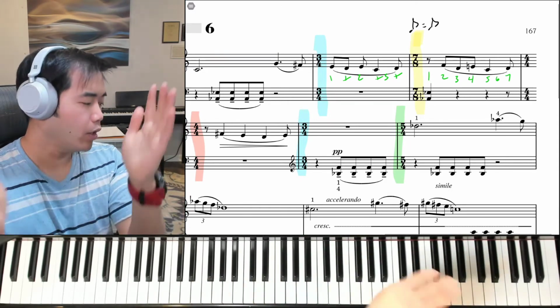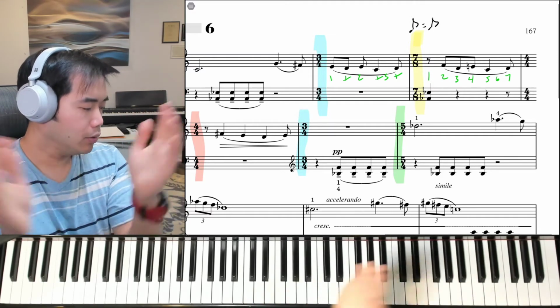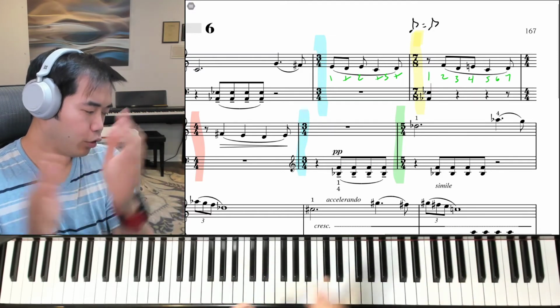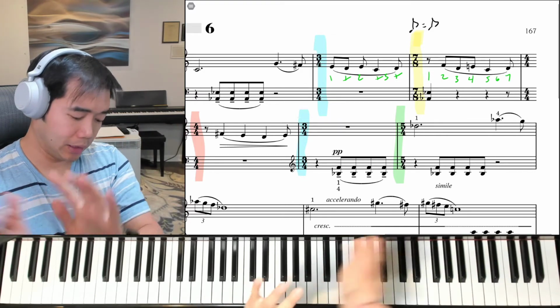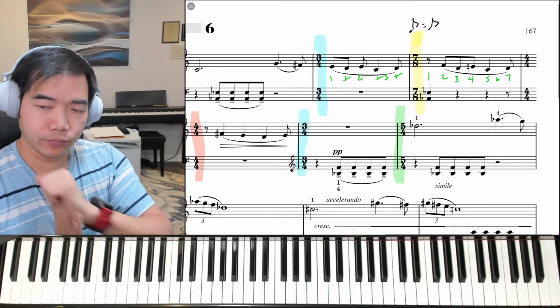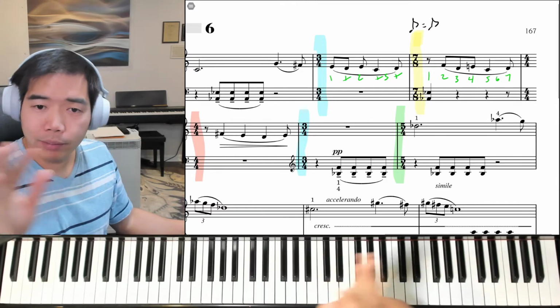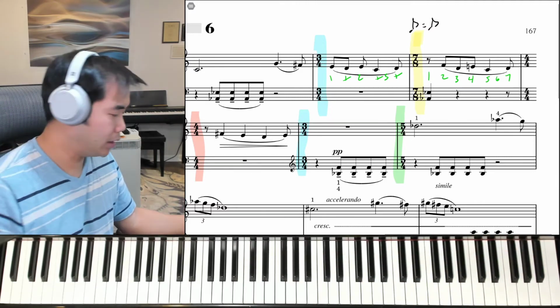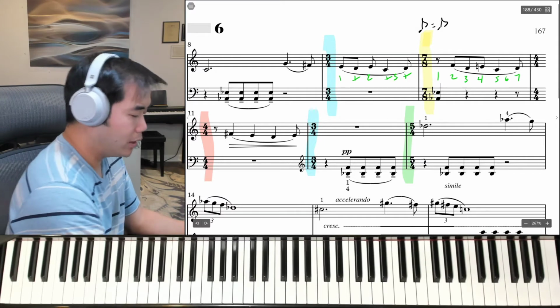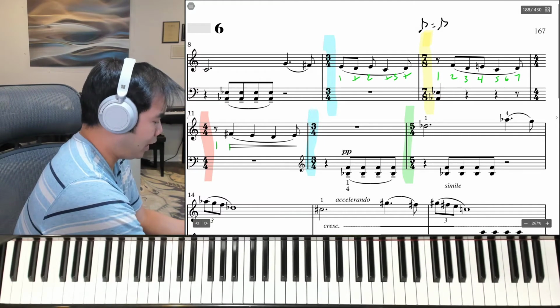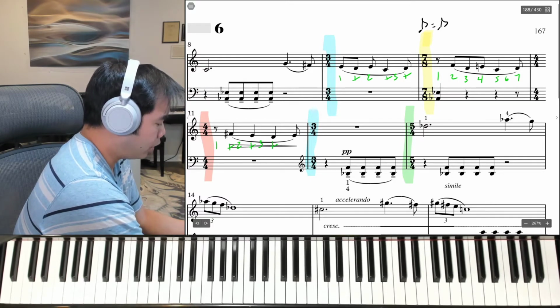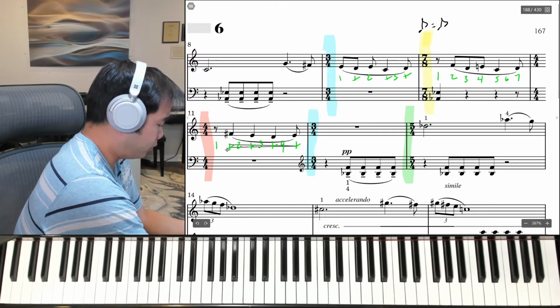Here we go. 1 and 2 and 3 and 1, 2, 3, 4, 5, 6, 7. Okay? And notice how I'm just keeping the eighth note pulse consistent. That's most important. And of course, we'll transition back to the 4/4 measure where we will keep the eighth note also consistent here. It's syncopated, so all of these notes fall on the ands here.